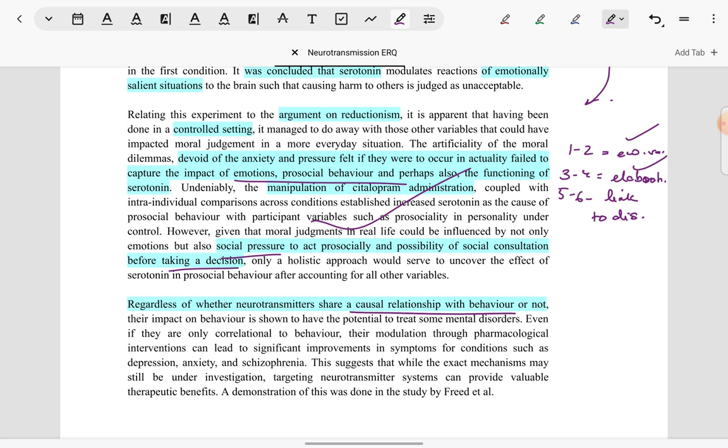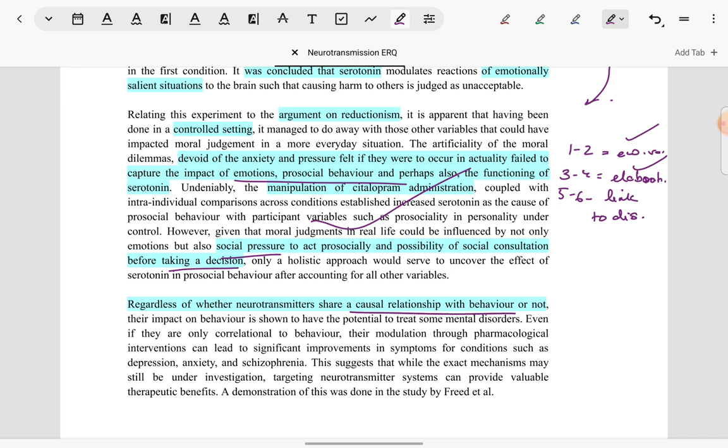So here what I'm trying to show is the previous two arguments are important to think about how neurotransmitters might actually have a very limited influence on behavior. But that does not mean that we are calling out the whole research on neurotransmission as useless, or we are saying that these type of studies should not be done.